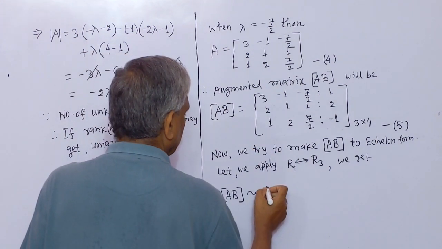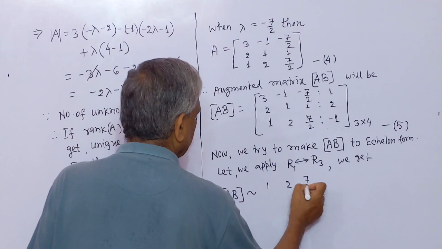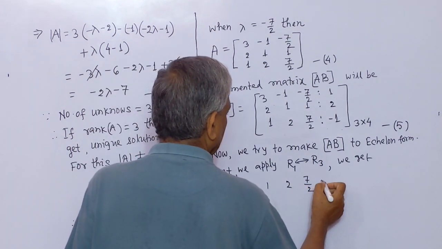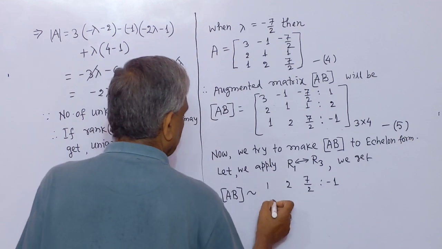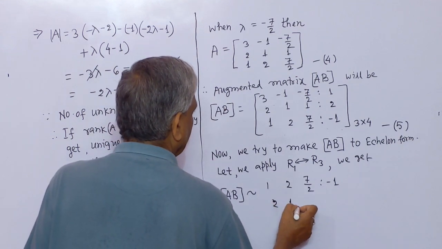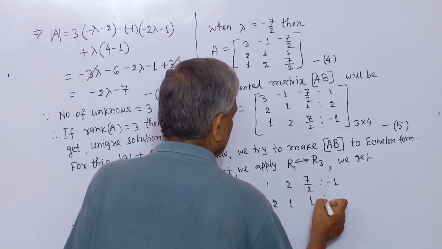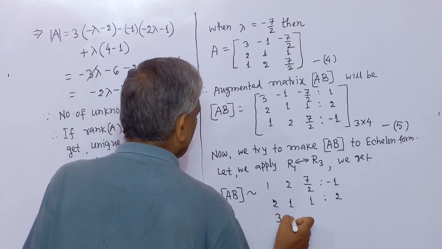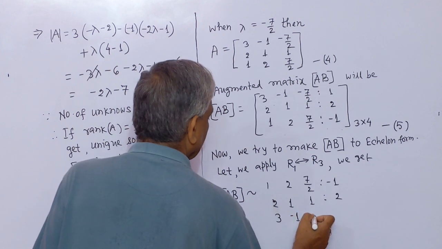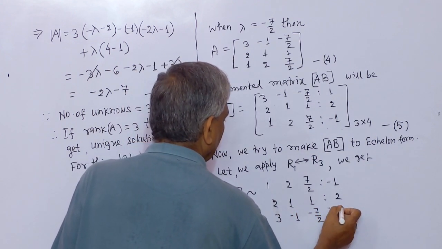Here 1, 2, 1, 2, 7 by 2, here minus 1, here 2, 1, 1, 2, here 3, minus 1, minus 7 by 2, 1.